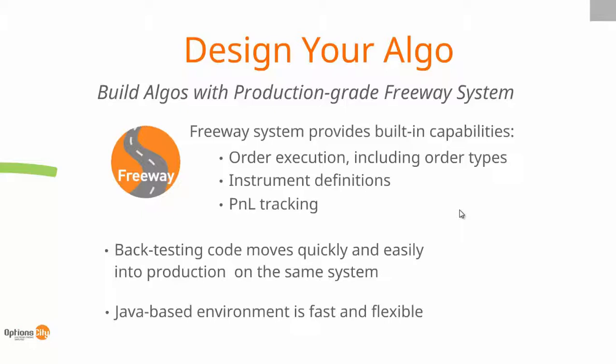With the Freeway system, we have the things you might expect: order execution management, details about instruments, everything from P&L to risk. All of those systems are already in place, are already very well tested, and you can just use those with one line of code instead of having to worry about reinventing the wheel on any of that.